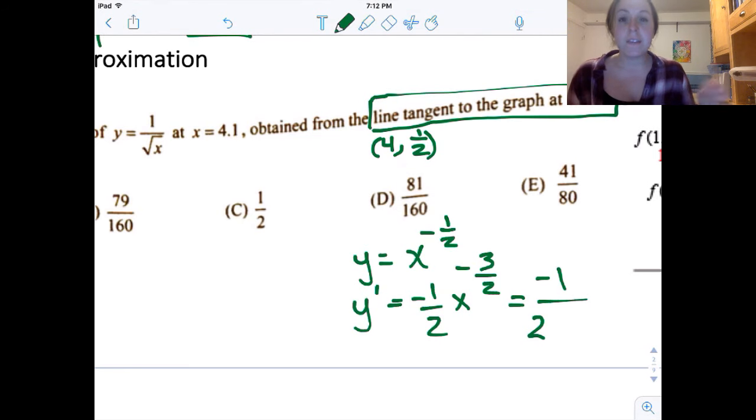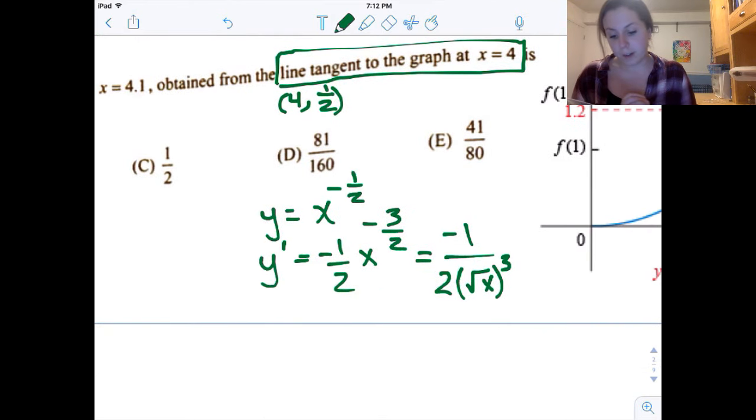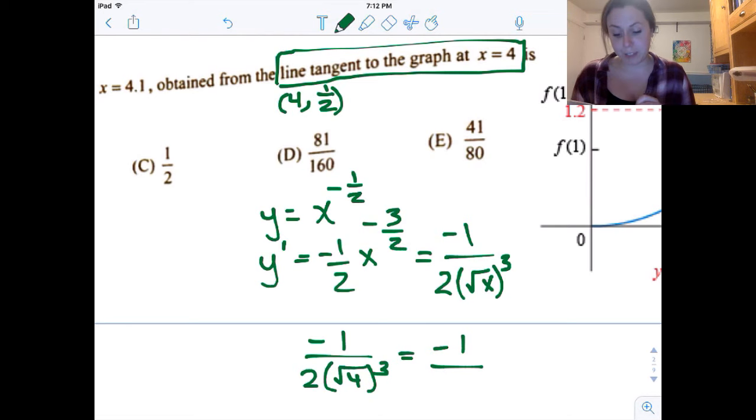The 3/2, remember, will be the square root and then cubed, or cube it and then take the square root. And I'm plugging in 4. So this is negative 1 over 2 square root of 4 cubed, or negative 1 over, square root of 4 is 2, cubed is 8, so 16. So this is my slope.